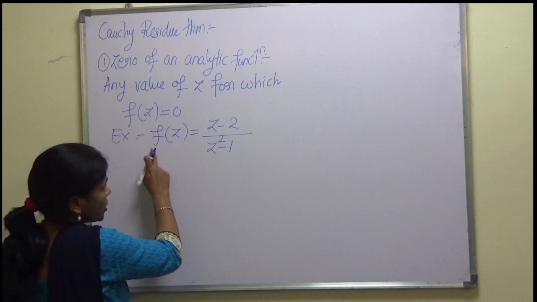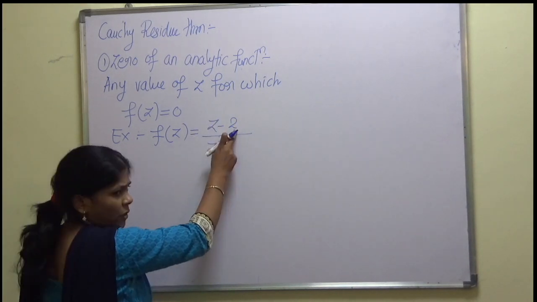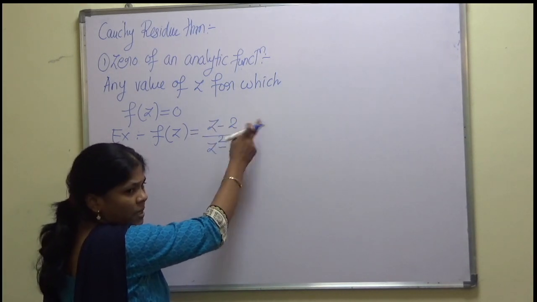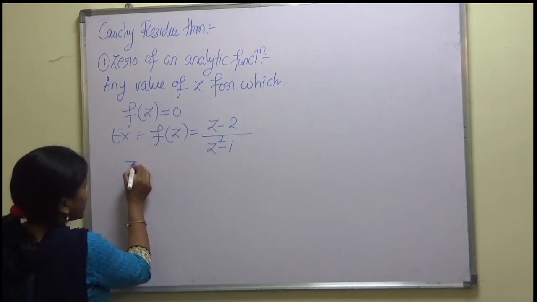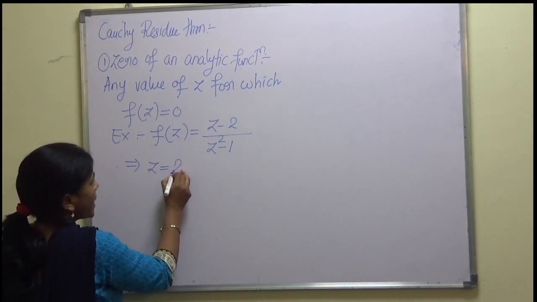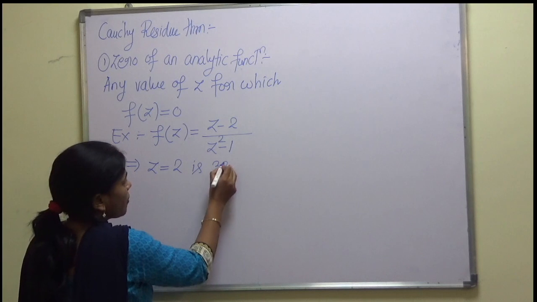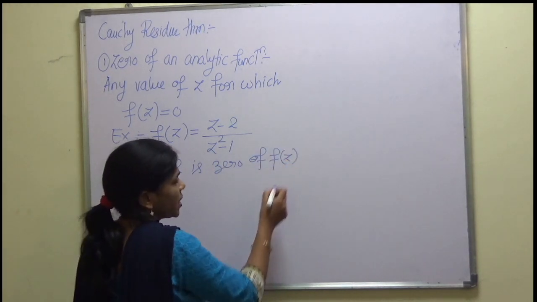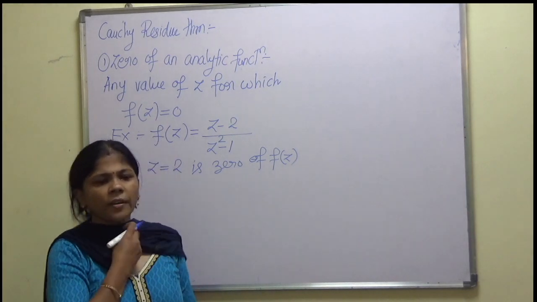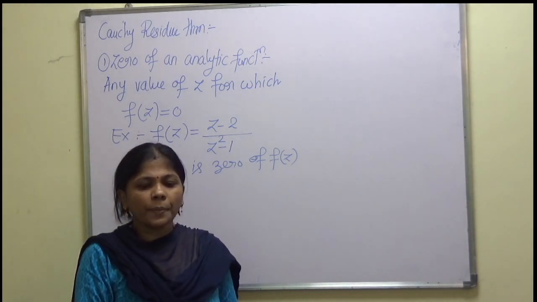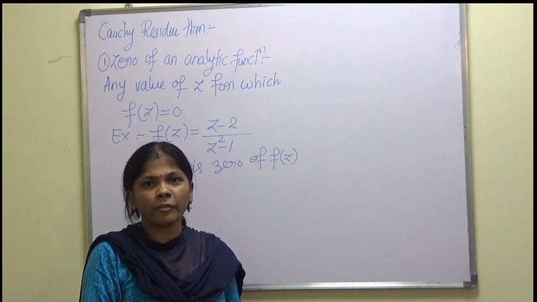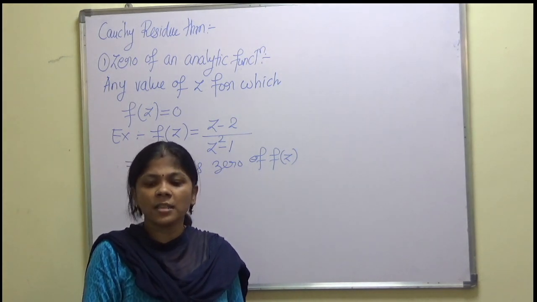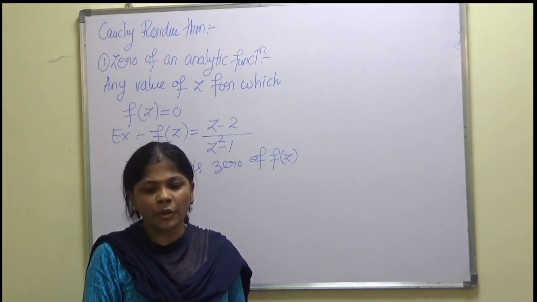So z equal to 2 is called a zero of f of z. So in general, how to get the zero? By equating the numerator of a function to 0, we will get the zero of an analytic function.